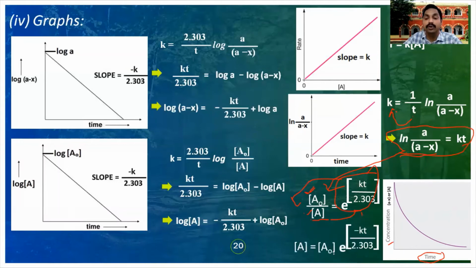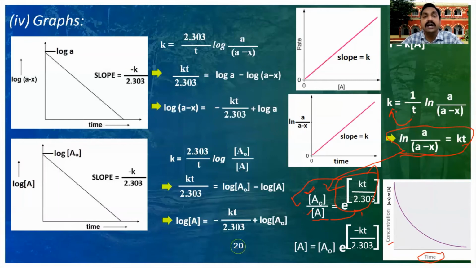Concentration of A is equal to initial concentration into e power minus kt by 2.303. Because this whole expression comes to the denominator, we have got a negative symbol here. Thus we get the exponential plot with negative slope. Thus we can discuss different plots in case of first order kinetics.